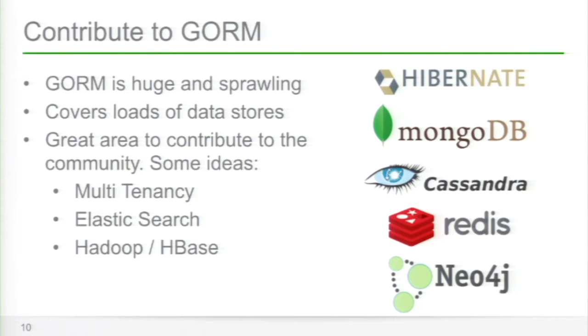In the case of Neo4j, there is a chap from Neo4j working on it. In the case of Cassandra, we have 2 external committers, and so on and so forth. But we need help. It covers loads of data stores, and it's a great area to contribute.